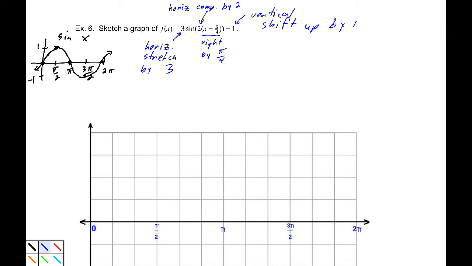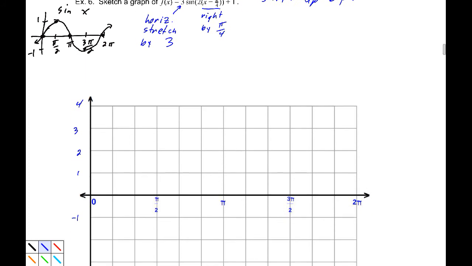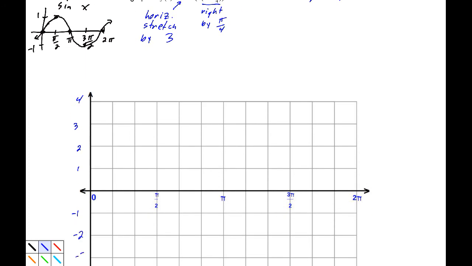Pi over 4 is here, and let's just say this is 1, 2, 3, 4, assuming it's going by 1s. If it goes up 1 and to the right pi over 4, we should have a point right here. That's just taking into account the shifting. We're taking 1 point and shifting it around, so we don't have to worry about the stretches in that case. So that's always a good move.